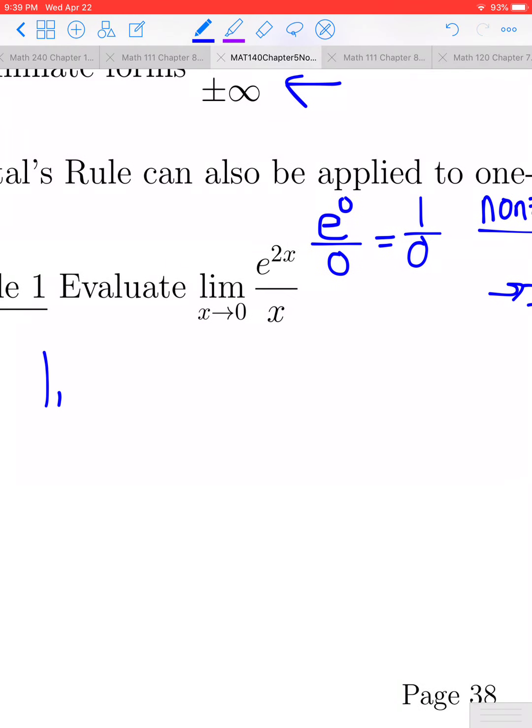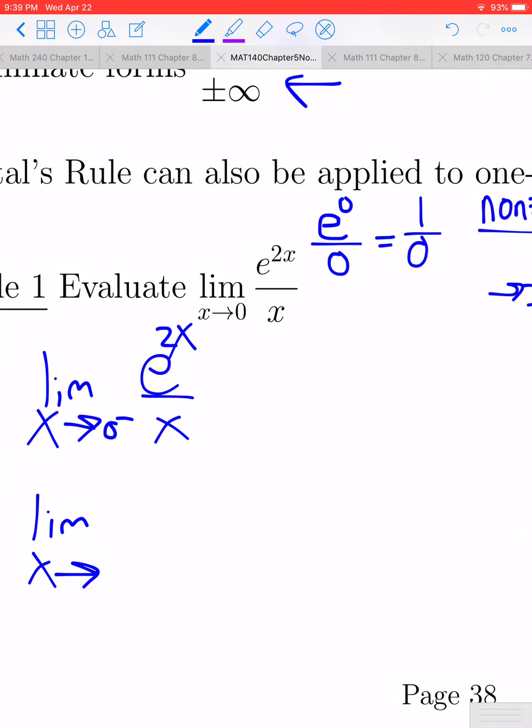Let's investigate on either side of 0. Let's look at the one-sided limits. What would be the limit as x approaches 0 from the left of e to the 2x divided by x, and also the limit as x approaches 0 from the right? You can do a table of values or look at the graph.